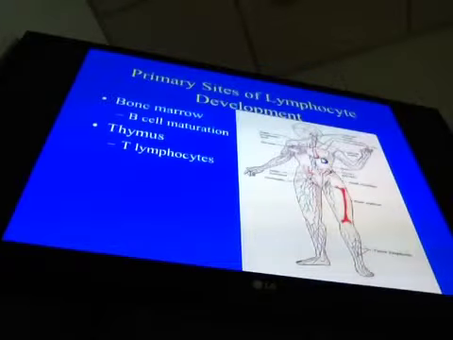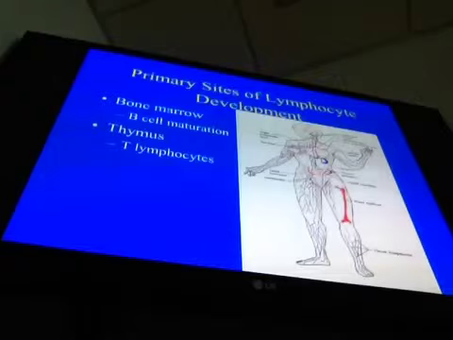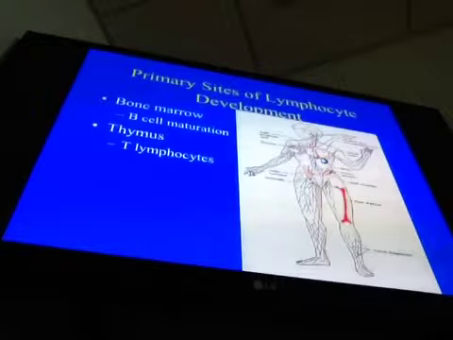So the primary site of lymphocyte development, again going through those 2 to 3 mitotic changes from a lymphoblast to a prolymphocyte, occurs in the bone marrow for B cell maturation, and this development occurs in the thymus for the T lymphocytes.